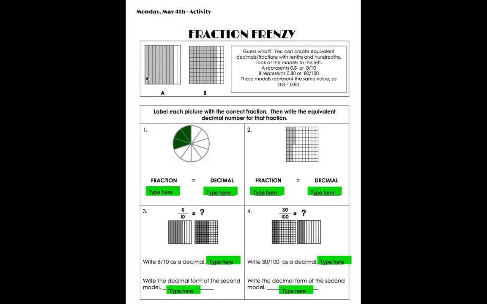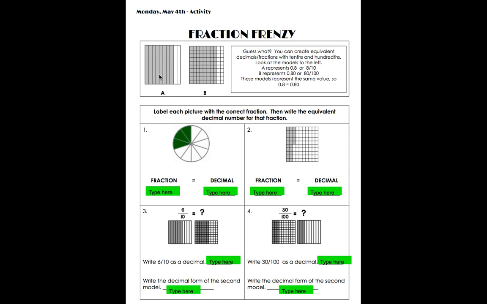So A is split up into tenths, with 8 tenths being shaded out of 10. So 8 out of 10, 8 tenths is shaded. Now look at B. B, however, is not split into tenths. It is split into little bitty ones, and we know that it takes 100 little ones to equal a hundreds block. So this is split up into hundredths.